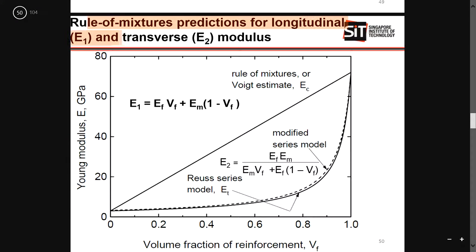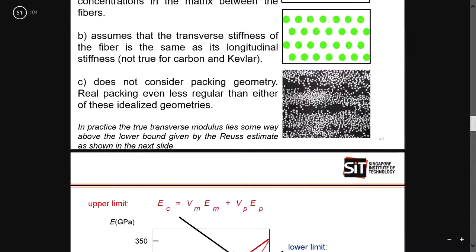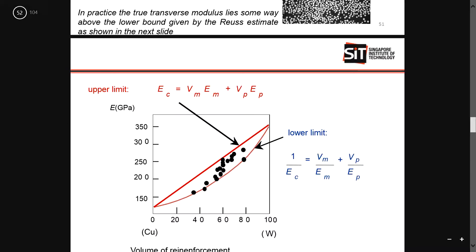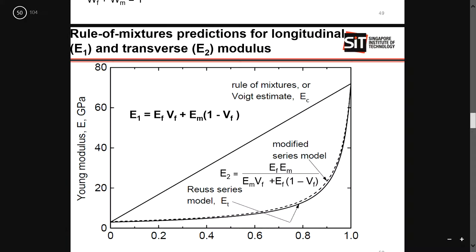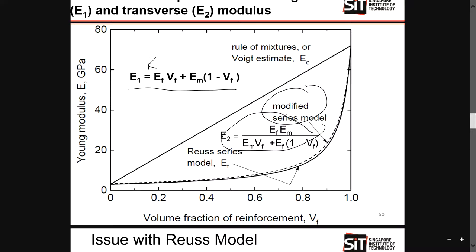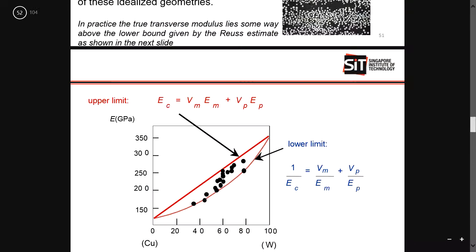You want to memorize this graph and these equations, the upper limit and the lower limit. This one comes from your longitudinal equation, where you also need another efficiency factor. You also need to know the modified series model compared to the theoretical one. Theoretical is theoretical, and the modified series model is more realistic in the real world.